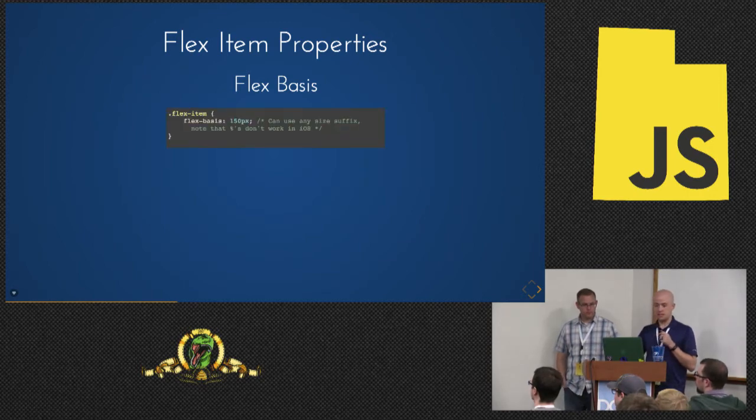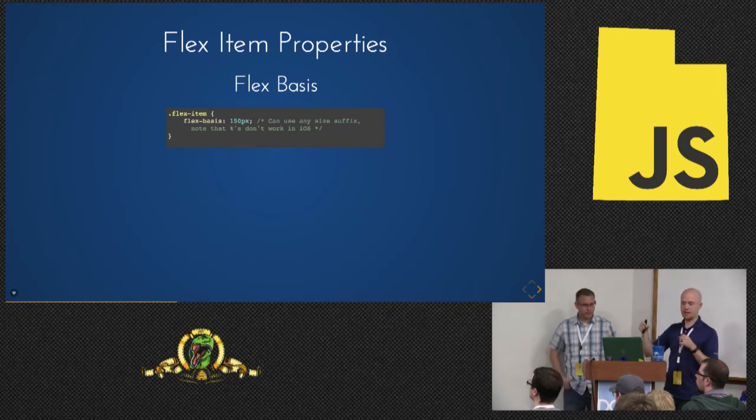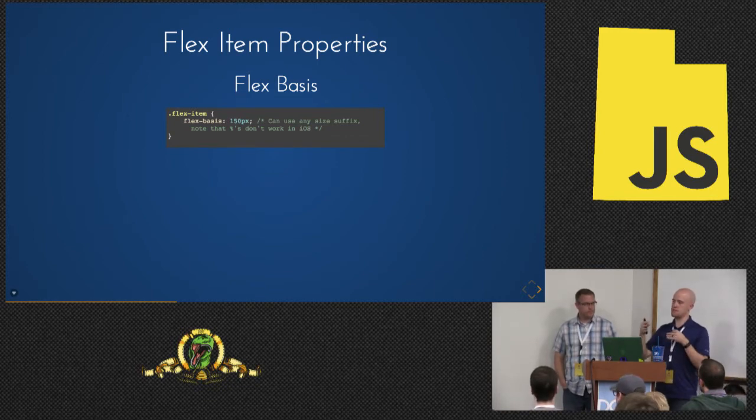Then we have flex basis. Flex basis is the property that specifies the initial size of the flex item before the flex grow and the flex shrink properties take effect. If you have the flex grow property set to 0, then the flex basis kind of acts as a width property as well.